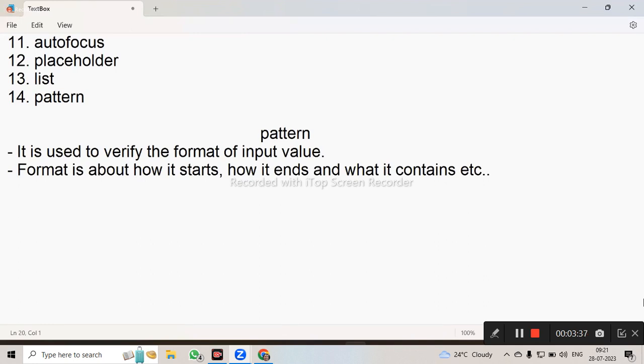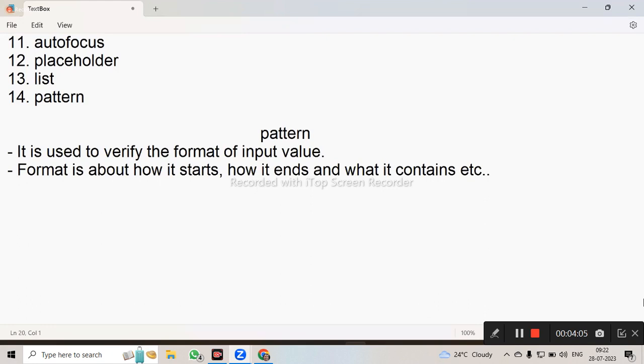That means, asking the user to enter a mobile number according to his country format. For India, it should start with +91. For the US, it should start with +1.